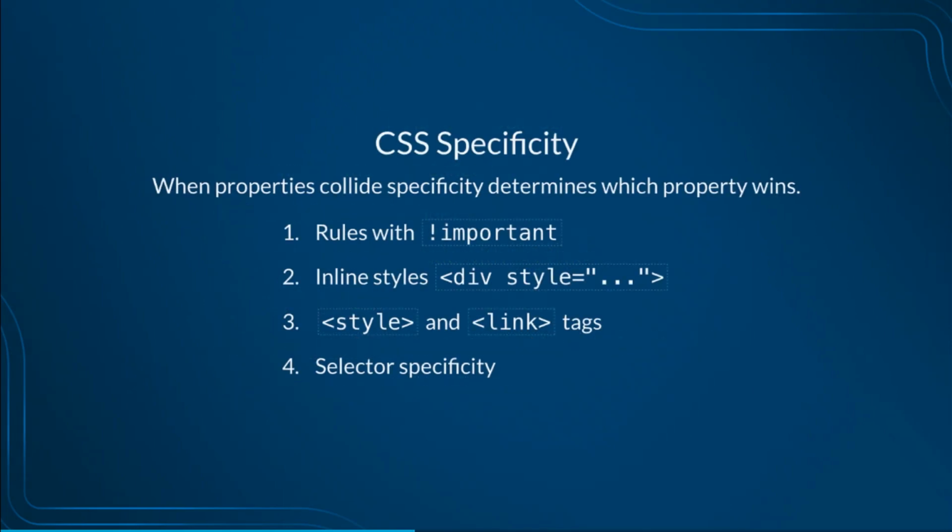So this is typically what that looks like. And when multiple properties collide, say there are two different CSS rules that both try to tell us that the background is two different colors, one of those rules has to win, because the background can only be one color. So in the case of a tie, rules with important always win, then rules that you define directly on the HTML element, and then any rules that might be inside of a style tag or a link tag, and then finally the most specific CSS selector will win.